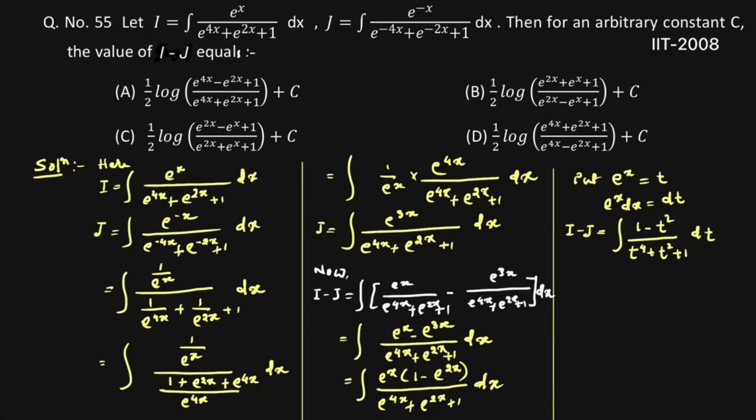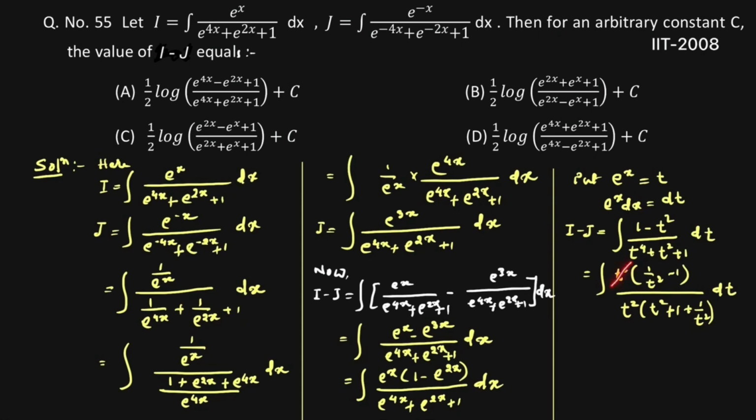If you take t square common from numerator and denominator, then we will get integration of t square into 1 by t square minus 1, divided by t square into t square plus 1 plus 1 by t square dt.